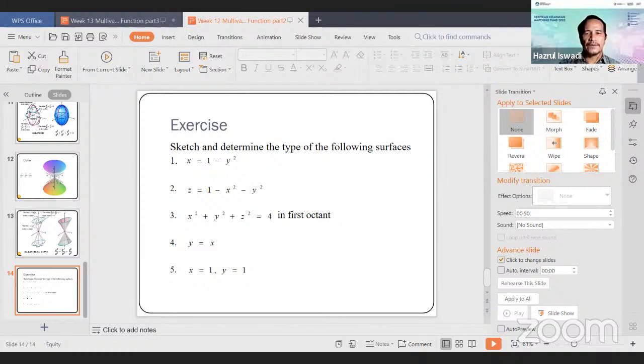We have a plane, and the plane is a cylinder, where the generating curve is the line x is equal to y, moved along the z axis. So this is the picture of the equation.